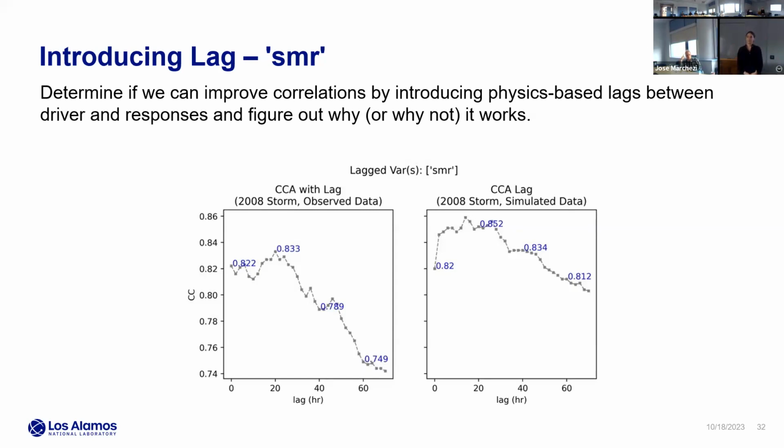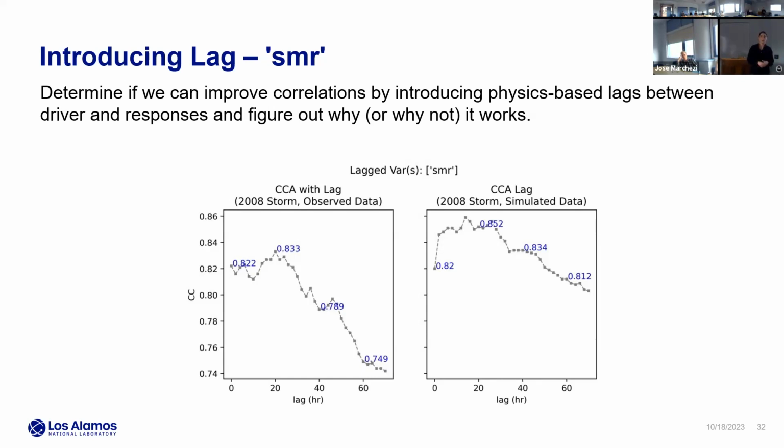How do you decide which variables to introduce lagging for? Do you have some physics-based reason for why you expect lag to be more important for certain variables than others? Yeah, in some sense, we actually don't know. The good part about starting with a set of 6 variables total is that we can mess around with the combinations to figure it out. If we do include more variables, that's going to be tricky.